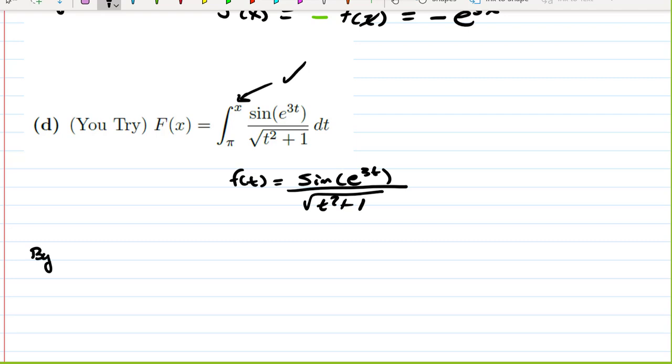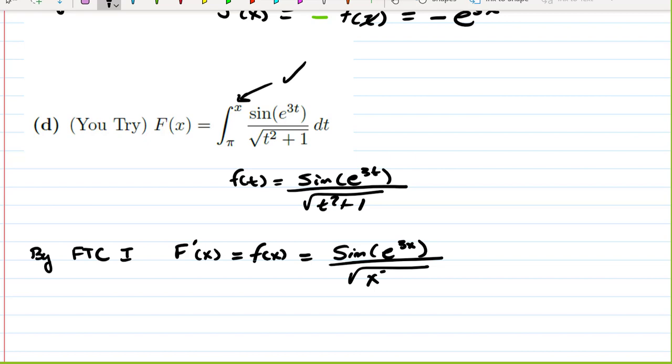So by the fundamental theorem of calculus part 1, capital F prime of x is equal to f of x, which is going to be sine of e to the 3x all over the square root of x squared plus 1. So basically, we just replace all of the t's in our integrand f of t with x. And that gives us our derivative.